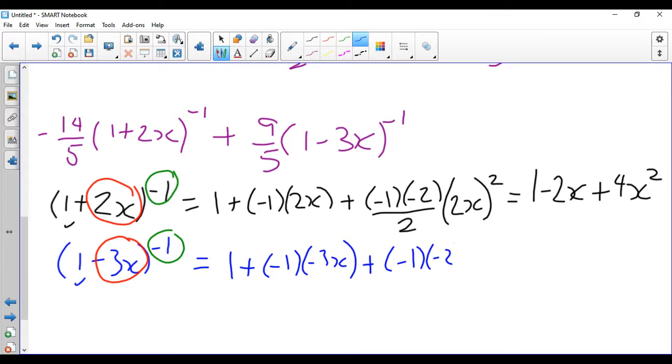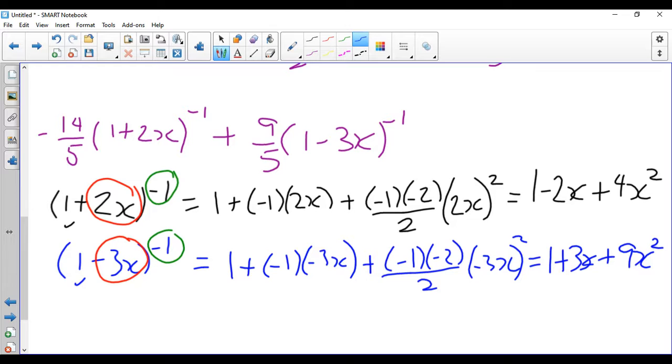Then n(n minus 1) over 2 factorial of minus 3x squared. Chuck all that together, I am going to get 1 plus 3x plus 9x squared. So they've been nice with those expansions, integers there.